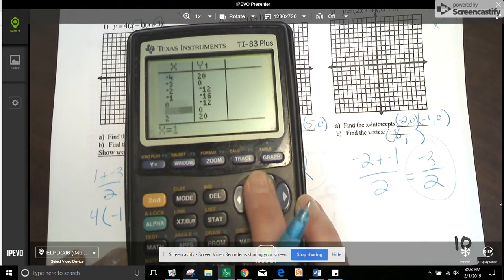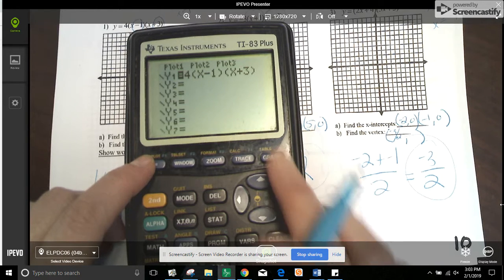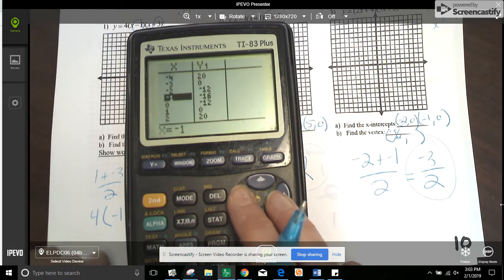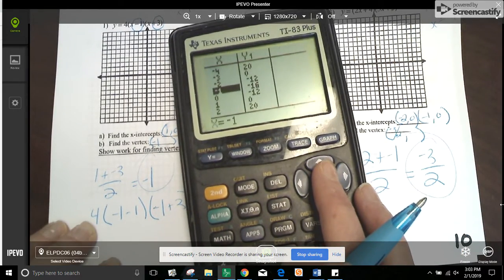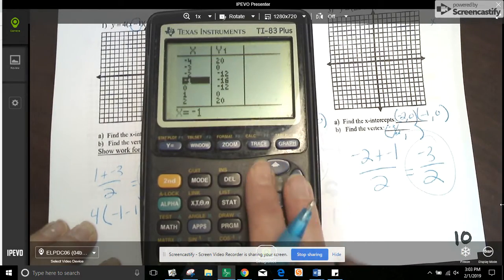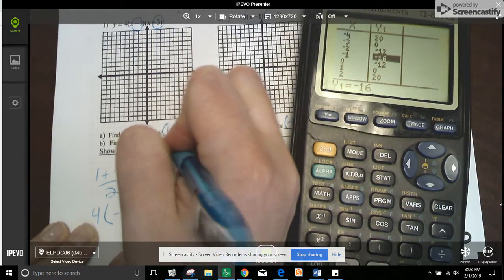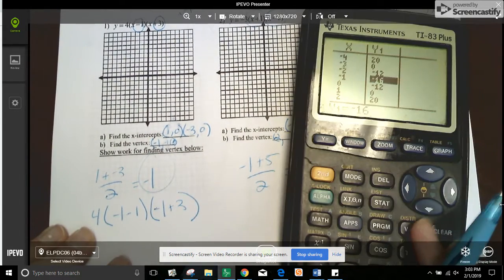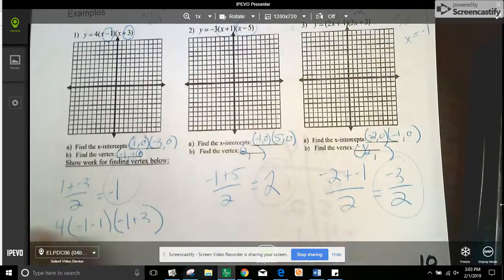So like negative 1 is my x. It's not going to fit on the graph. If negative 1 is my x, then it goes with negative 16. So either plug it back in, or if you graph it in your calculator and go to the table, you can figure out what it is. Negative 1, negative 16.